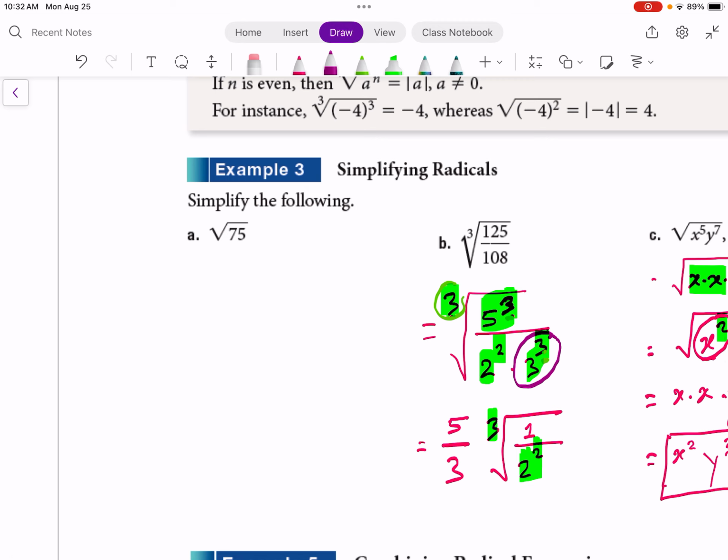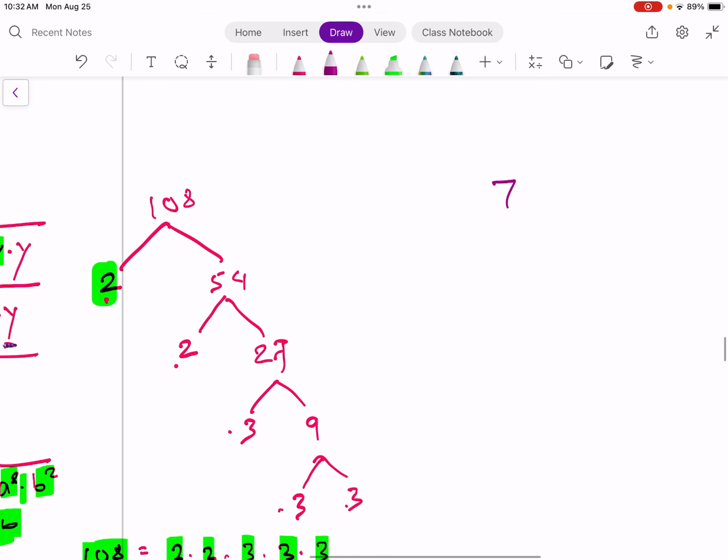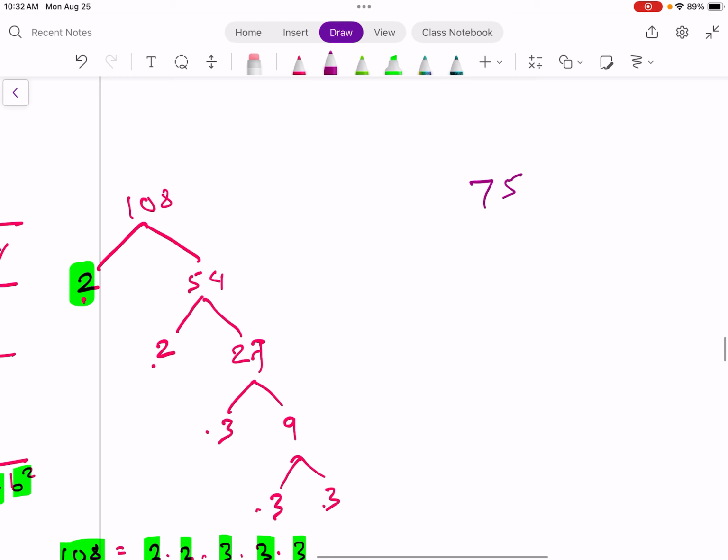So we have 75. Now let's start by writing 75 as a product of prime factors, like we did for 108. So what is the smallest prime number that divides 75? You always start with the smallest number, 3, right? So let's divide by 3. So 3 times 25 is 75.